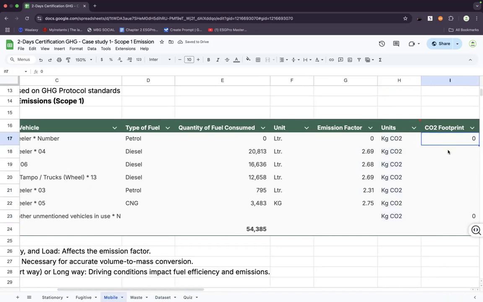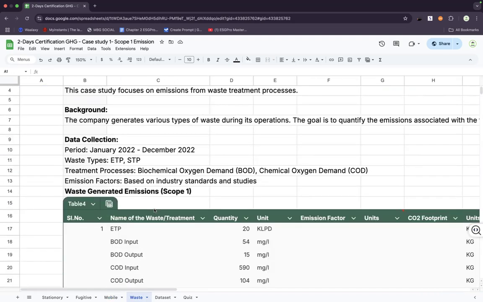And carbon footprint is just the multiplication of emission factor and the quantity which has been used in that activity. Perfect. This is how much? 146,000, meaning 146 tons of carbon dioxide equivalent is coming from mobile combustion. You see that? Let's go to the last one.